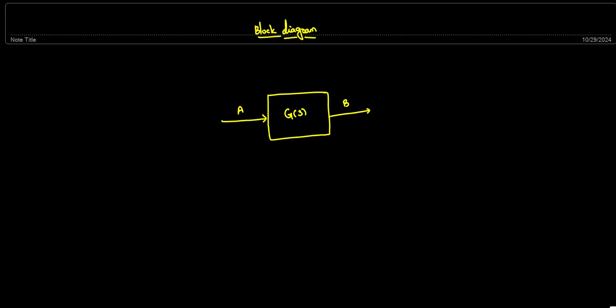Now let us draw a block diagram, and then you can understand how exactly it is drawn. Let us take our motor example. VA is equal to IA RA plus LA dIA by dt plus EB, where the torque is represented as T equal to KT into IA.